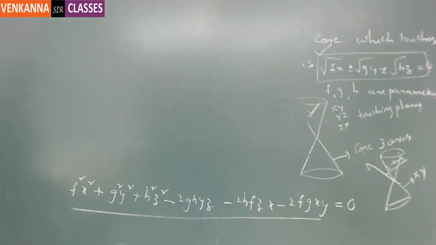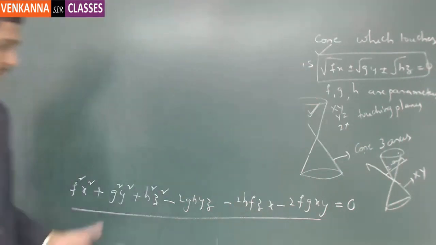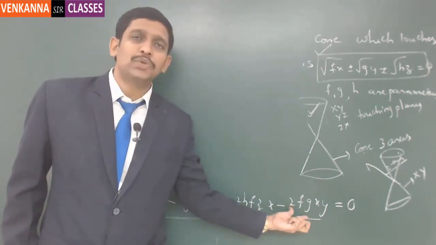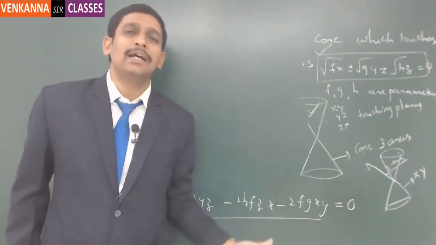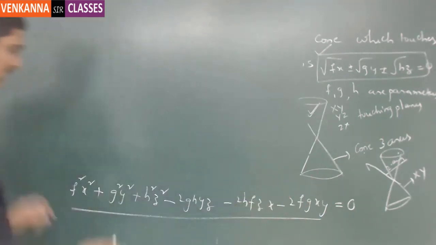My intention here is to modify the reciprocal cone equation so that I can convert it into this pattern. So here you take this minus 2fgxy to the right hand side and again add 2fgxy. So it will come as follows.